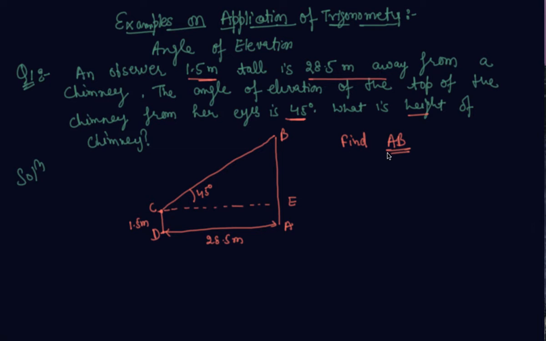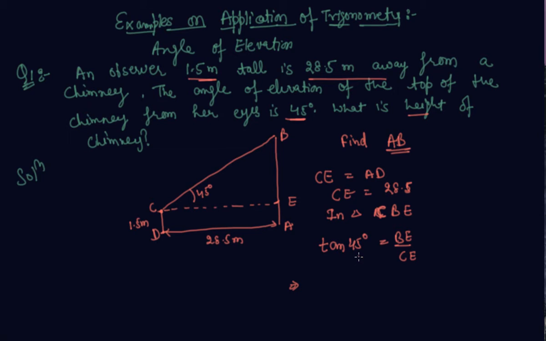So how will we proceed for this question? Basically we know that CE is equal to AD because they are parallel, and this is CE equal to 28.5 meter. Okay, so in triangle CBE, I can directly write from the angle of elevation that tan 45 will be BE upon CE.